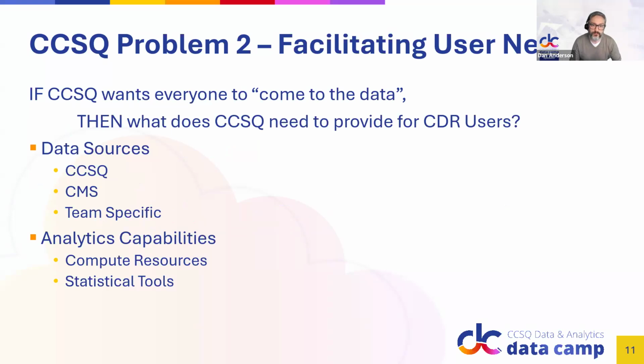We recognize the need for data sources. Obviously, they need their inputs to be supported. But also they need some analytics capabilities, because if you're not going to let them extract the data, then they need to be able to do the analysis. So along with the analytic capabilities come compute resources, as well as the statistical tools.